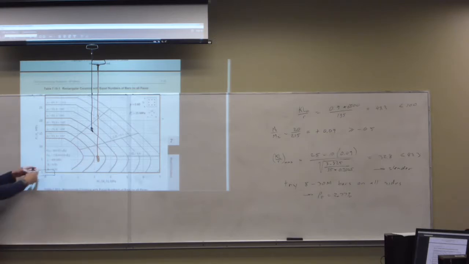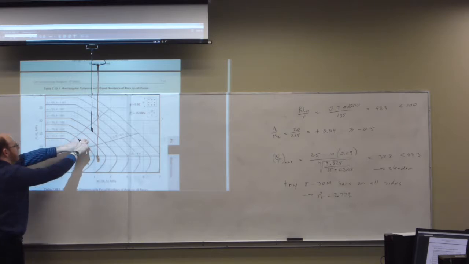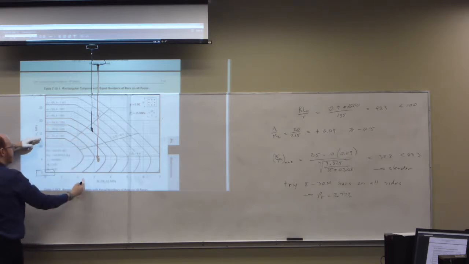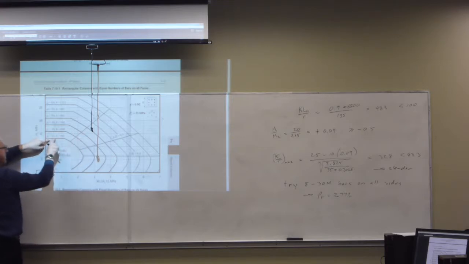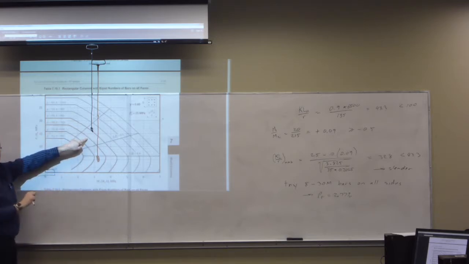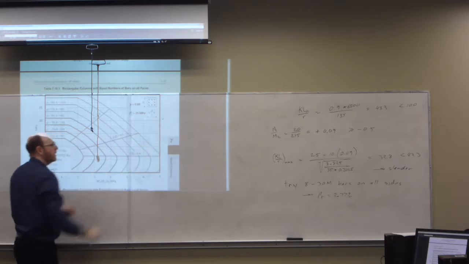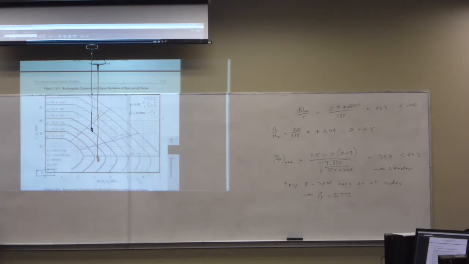If I have no moment, we're just looking at these straight lines. Once I have moment, you can see we end up with something quite different. If it were just axial, we'd say 1% works. But now bringing in a moment, I need something like 3%. So depending on how much moment you have, the further out you are here, the more reinforcing you end up needing.